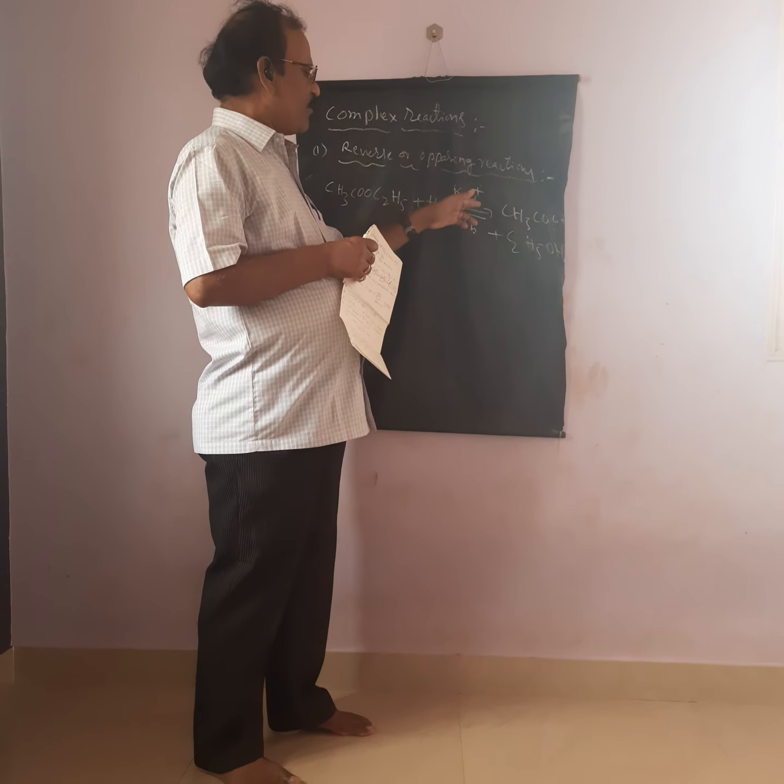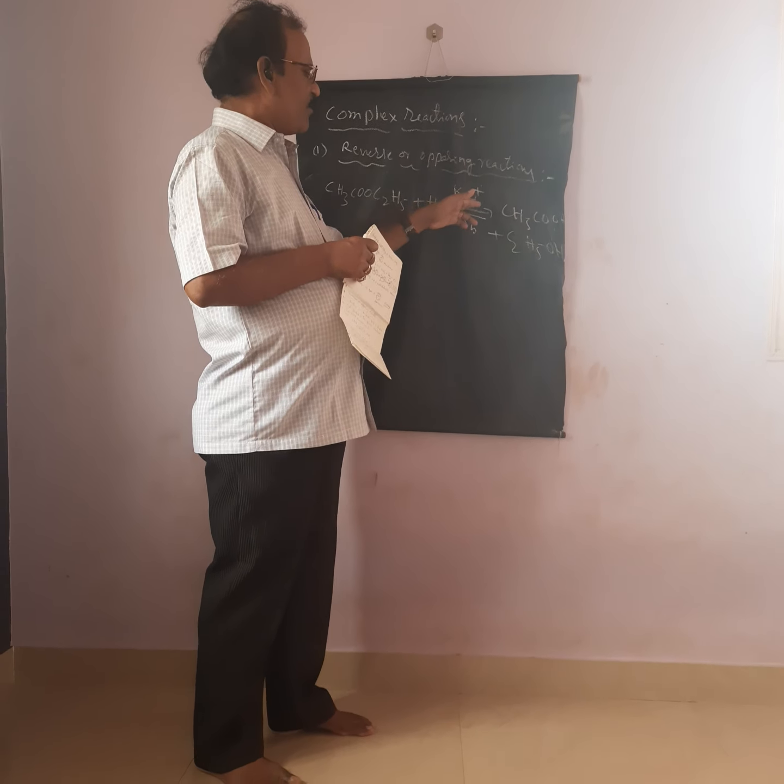In competing or parallel reactions, in general, a reactant A gives rise to one or more products. So A gives rise to B, and another gives rise to C, with rate constant K1 and rate constant K2.